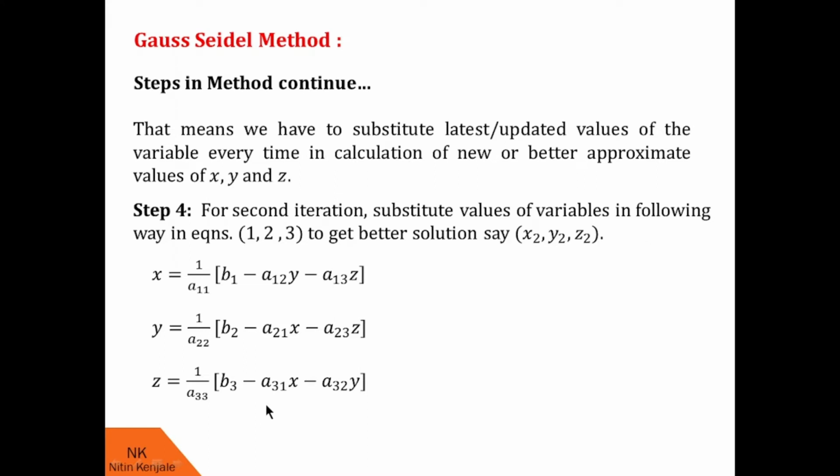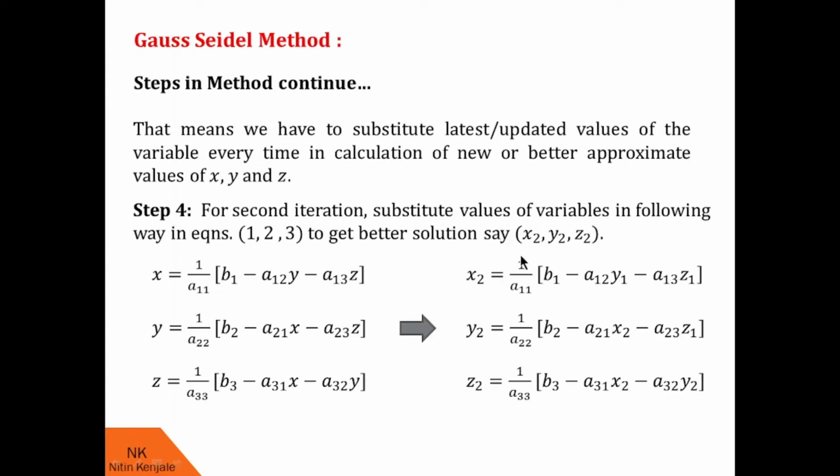When we substitute the updated values of y and z in equation number 1, we get x2 as 1 upon a11 into (b1 minus a12 y1 minus a13 z1). Now for the updated value of y, say y2, we substitute x = x2 and z = z1. So we get this as the value of y2. Similarly for z2, we substitute x = x2 and y = y2 here. So z2 will be this.